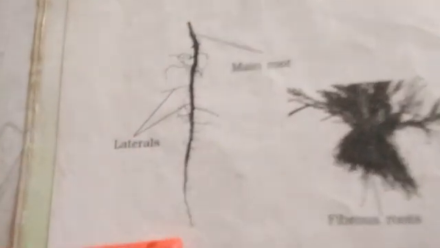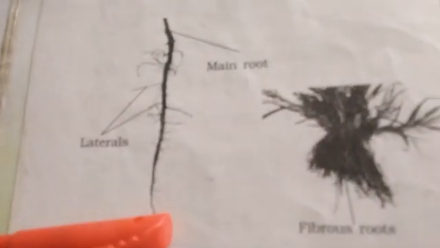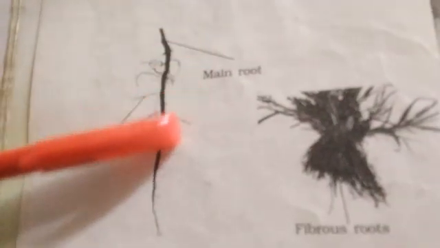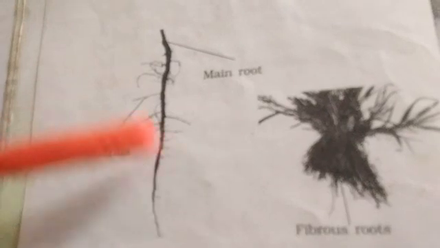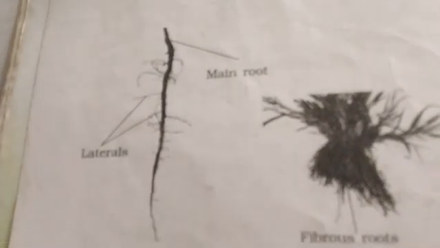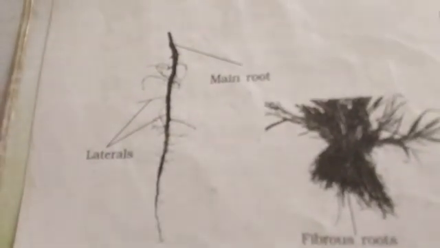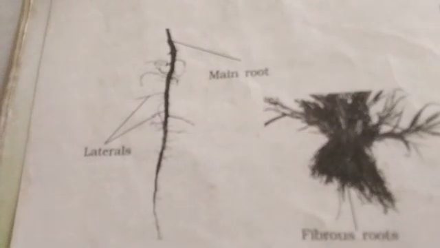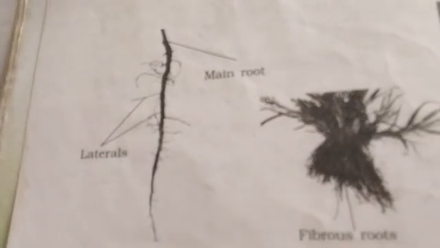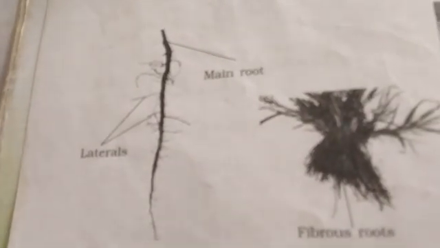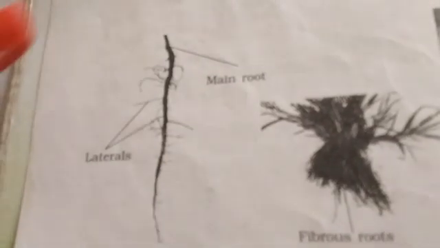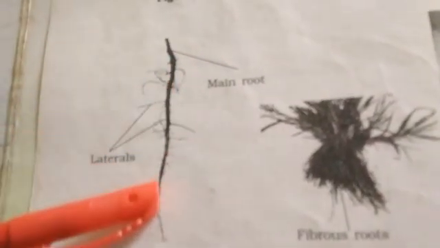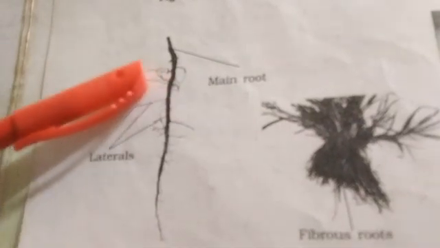So children, what is a tap root system? It consists of a main root and its branches. Where do we find it? In the majority of plants, like mustard and mango, all the large plants. They have a main root and all its branches.